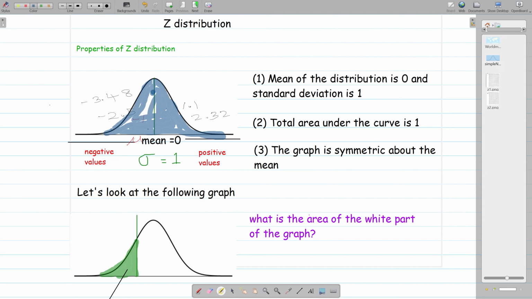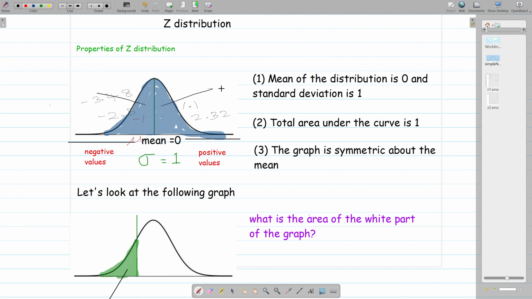The next property is that the graph is symmetric about the mean. What does that mean? This side area and this side area are equal. Both are equal.